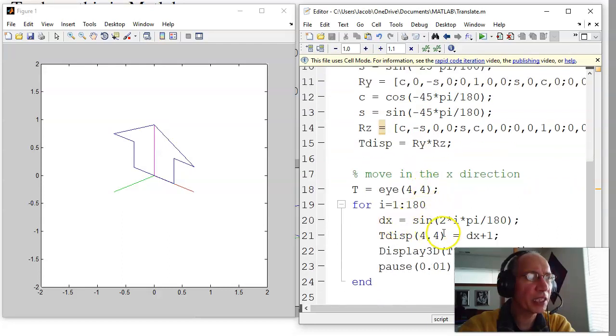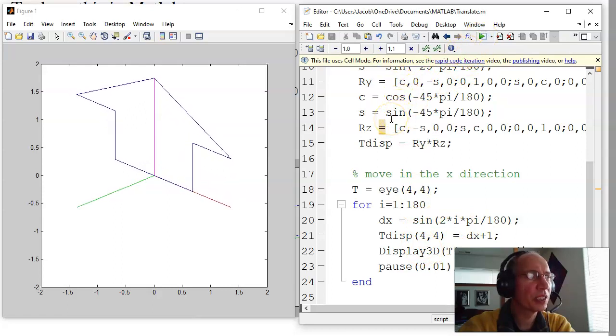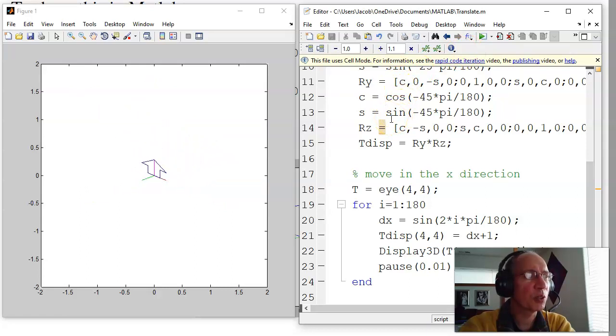And then I'm just going to change element number 4,4, that's the scaling factor, going from 0 to 2. If I run that, it gets to 2, here it gets bigger, and 0 is zooming away, going up to 2 again. That's the scaling factor, that element 4,4 in your matrix.